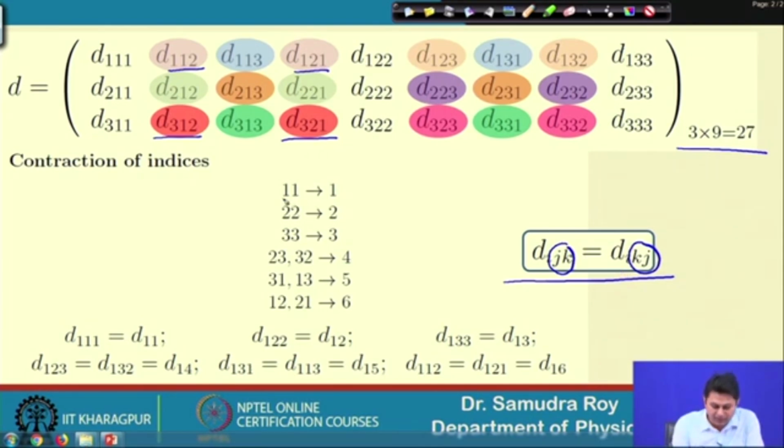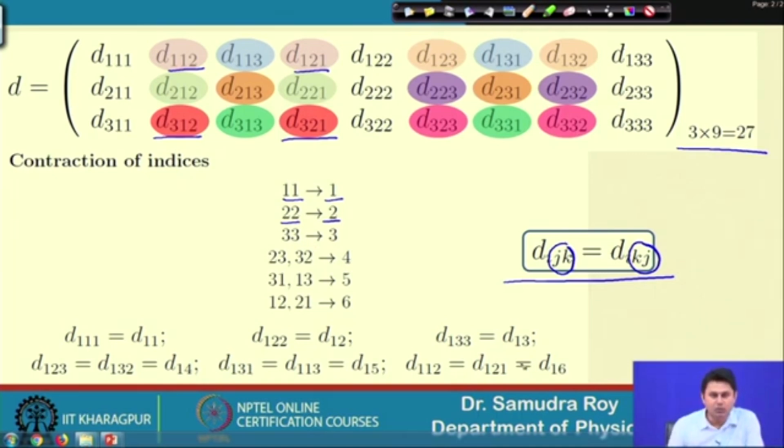So, 11 became 1, 22 became 2, 33 became 3 and so on, 23 and 32 which are eventually the same became 4, and then 31 and 13 which are again the same quantity became 5 and so on.